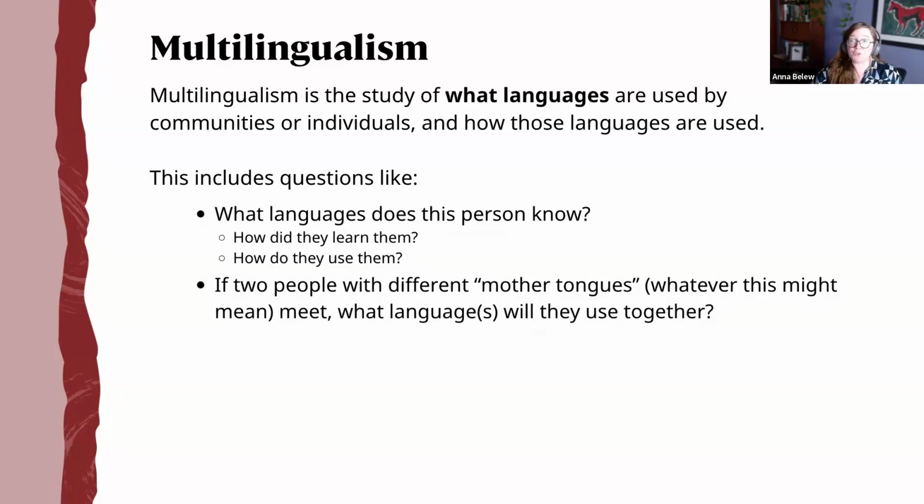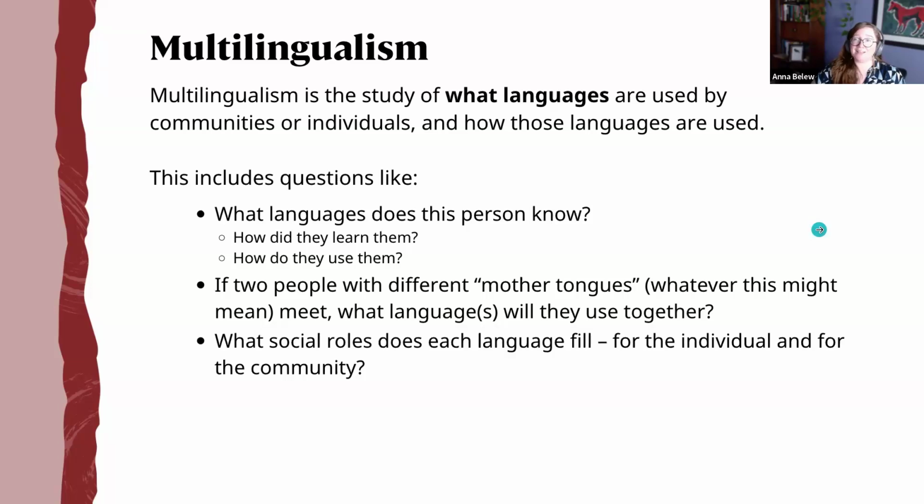Or theoretically, if two people in a given community who have different mother tongues, however you want to define that, meet, which languages are they going to use together? This is a really important question in a lot of language endangerment contexts. And also, what social roles does each language in the community fill? What roles does that language play for the individual, and what roles does that language play in the broader community?